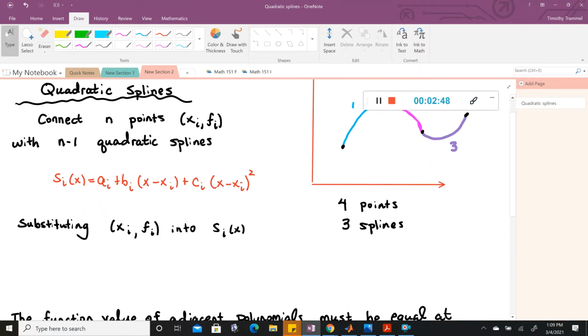The next thing we want is for these quadratic splines to go through these points. So we're going to plug those points into the quadratic splines.